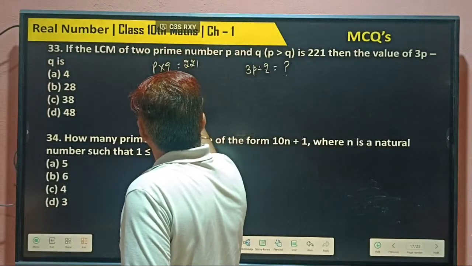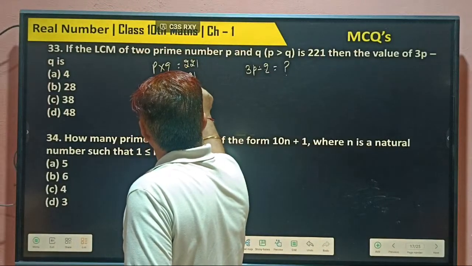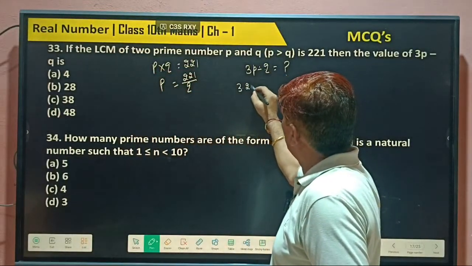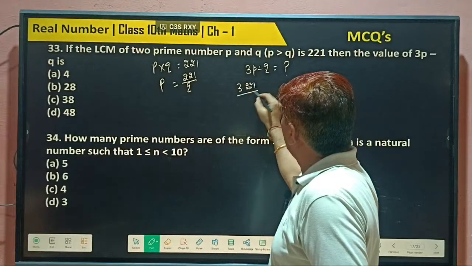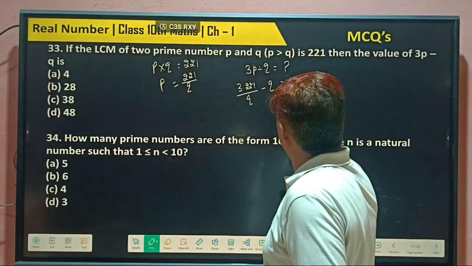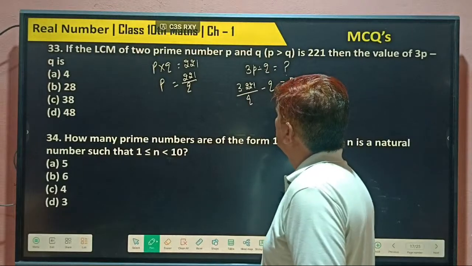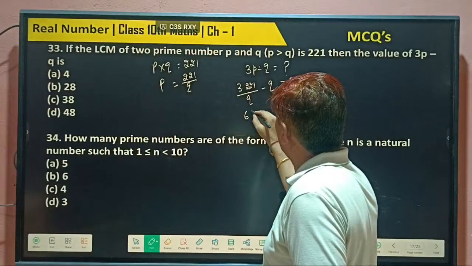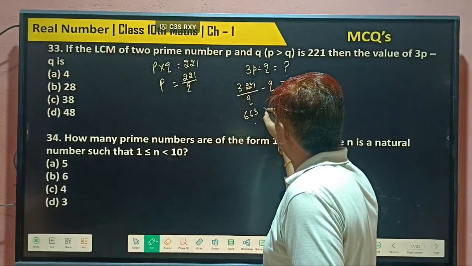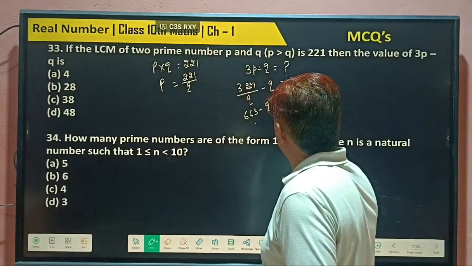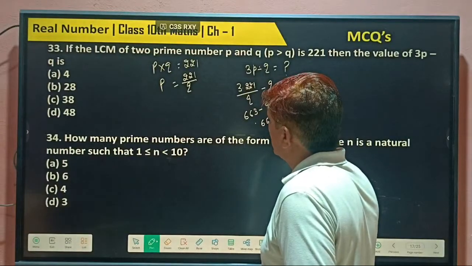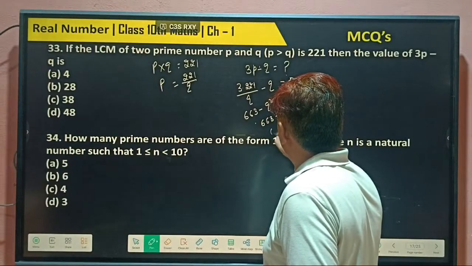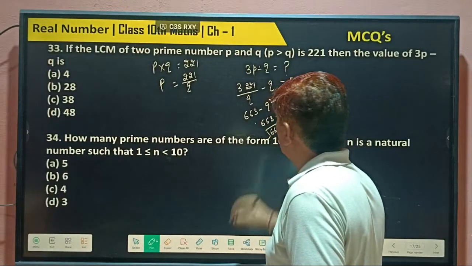So what's your P? P is equal to 221 by Q. So put here 3 into 221 by Q minus Q equal to 0. So it becomes 663 minus Q square equal to 0. So 663 equals Q square. So Q is equal to the square root of 663.